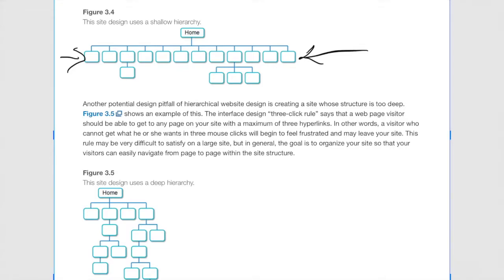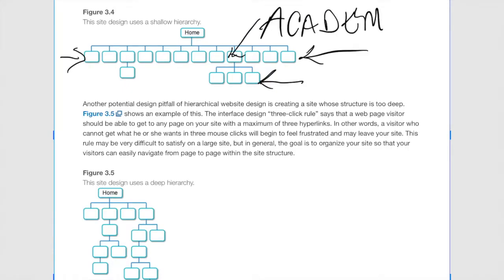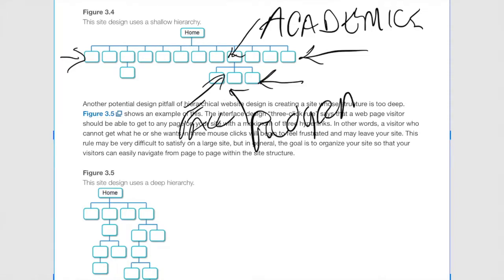From there, we're going to continue down to another level in our hierarchy. So if we assume this is academics, here we would have things like fall, we would have programs, whatever we're going to have.